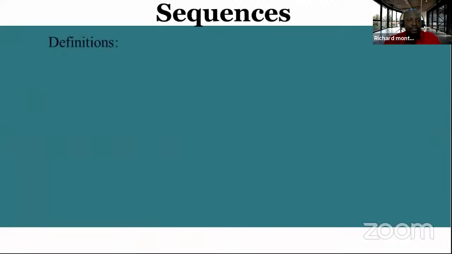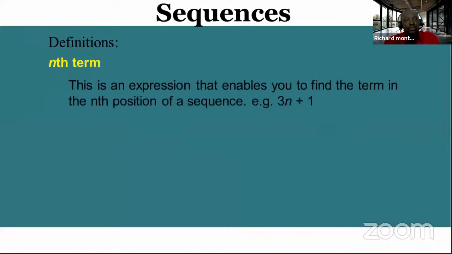Also, students, these definitions are very important because you're going to be seeing them in your questions. The nth term is an expression that enables you to find the term in the nth position of a sequence. So if you want the third term, you replace n with 3.